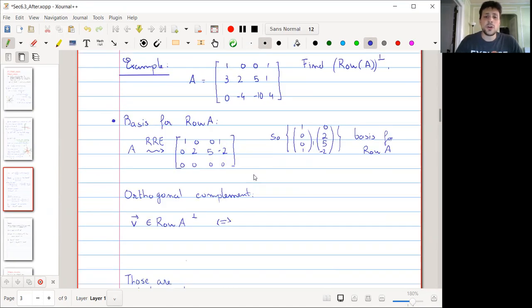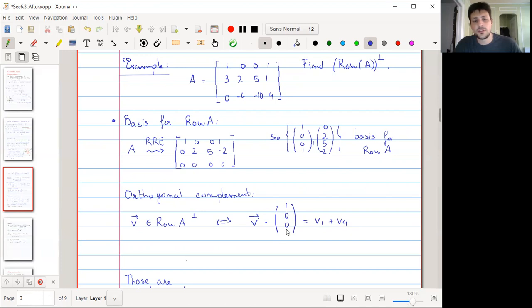Okay, so what does it mean for a vector to be in the orthogonal complement to the row space of A? This means that V must have zero dot product with this vector. But when I compute this dot product, I get V1 plus V4.